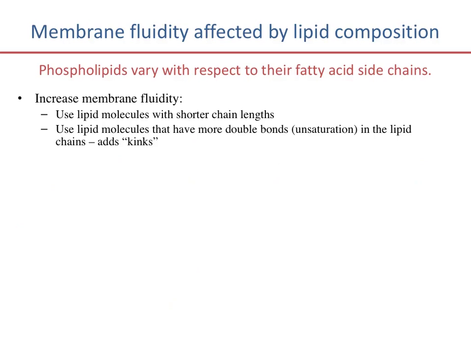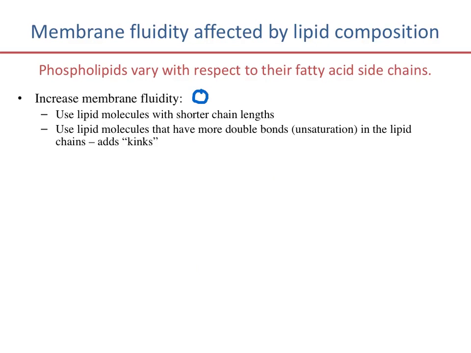So first of all, let's say that an organism wants to increase their membrane fluidity. They want their membrane to be a little bit more fluid. There are a couple of ways that organisms do this. One way is to use lipid molecules with shorter chain lengths. Let me just draw that out.